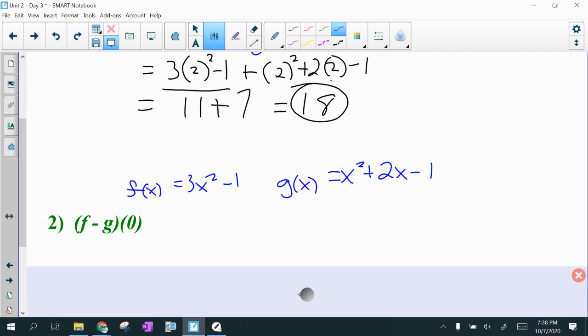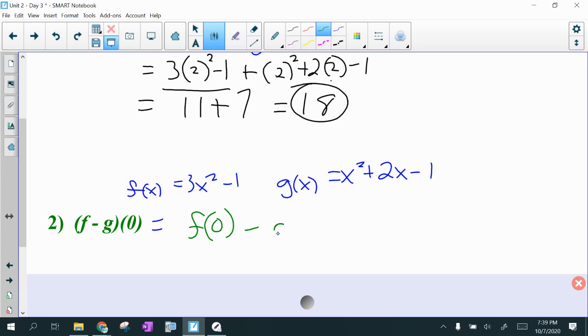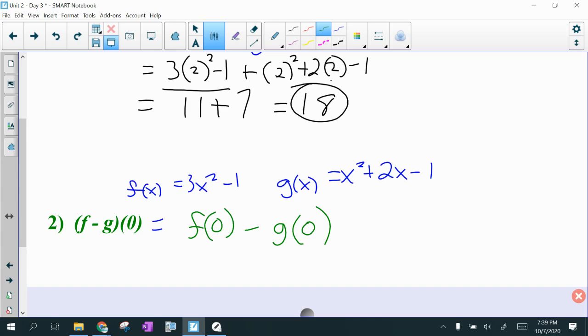So all I need to do now is substitute my values in, and find f of 0 minus g of 0. Well, f of 0 is going to be easy because all I need to do is substitute 0 in there, so I'm looking at negative 1 from that. And then once again, I substitute 0 in there and 0 in there, and I'm looking at a negative 1 for that. So I'm looking at negative 1 minus a negative 1, and minus a negative is the same thing as plus a positive, which is going to get me 0.